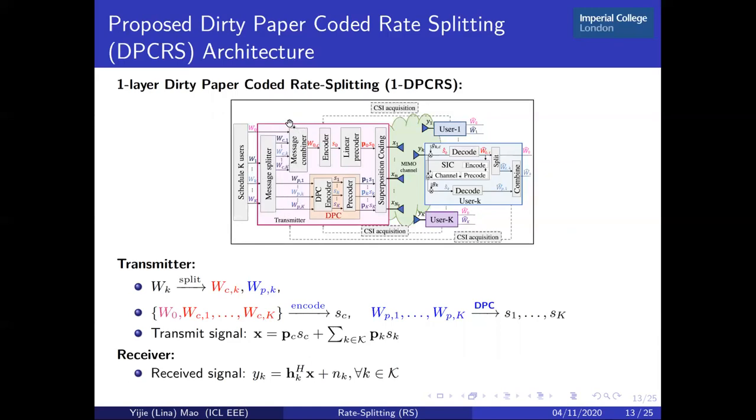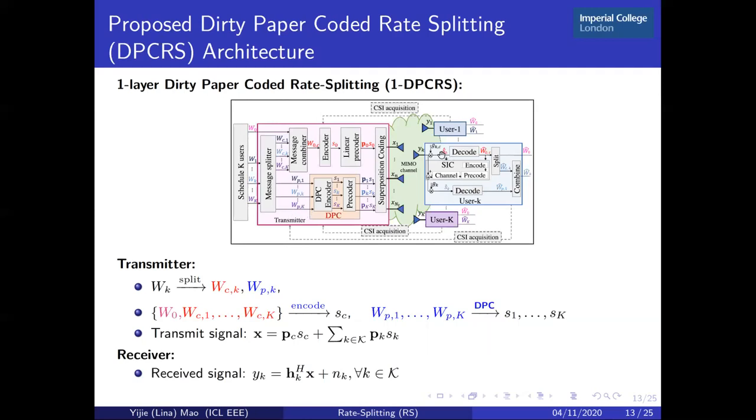The common parts of the unicast messages are combined with the multicast message into a super common message W0C, which is encoded into S0 and precoded by P0. The split private parts of the unicast messages are encoded and precoded by dirty paper coding. So here is the resulting transmit signal.